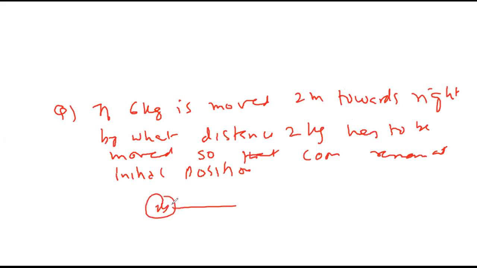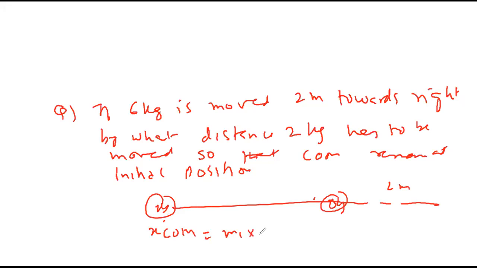So 2 kg and 6 kg are two masses. By what distance does 2 kg have to be moved, so that when 6 kg is moved 2 meter towards right, the center of mass remains at the same position? Remember a shortcut. The x coordinate of center of mass is (m1 x1 plus m2 x2) upon (m1 plus m2).